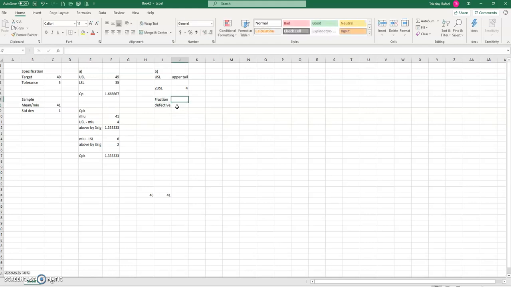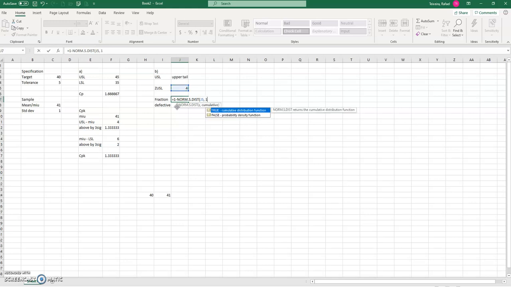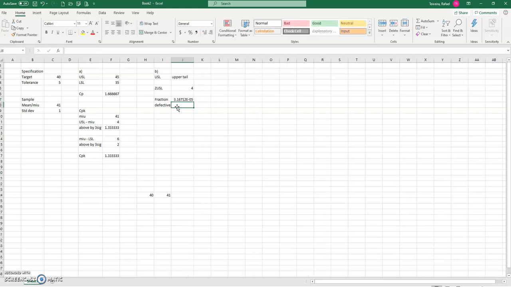The fraction that is defective is going to be equal to 1 minus NORM.S.DIST, and then I select this z. You type comma, and then you type 1 because you want the cumulative, and that's the fraction that is defective.